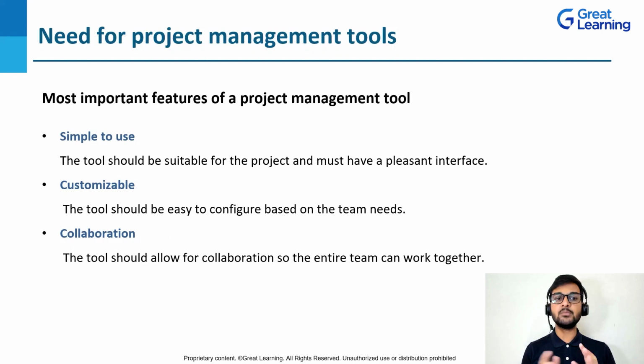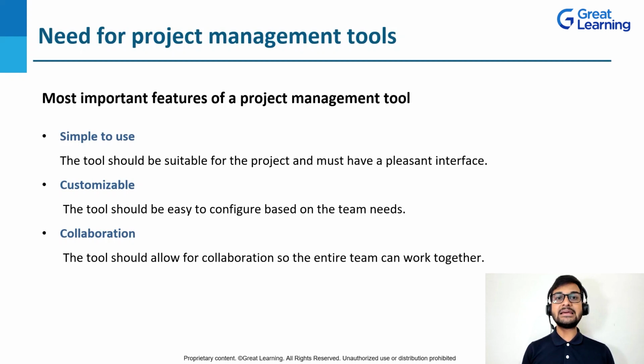Now let's have a look at the most important features of a project management tool. Whenever we have to decide on a particular tool to manage a project, what are the certain things that should definitely be there? What are the most important features in a particular project management tool? So we have written three features over here. Number one is simple to use. The tool should be suitable for the project and must have a pleasant interface.